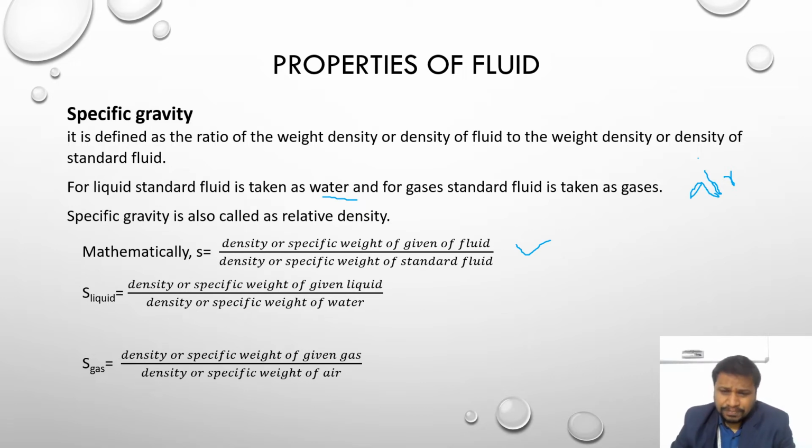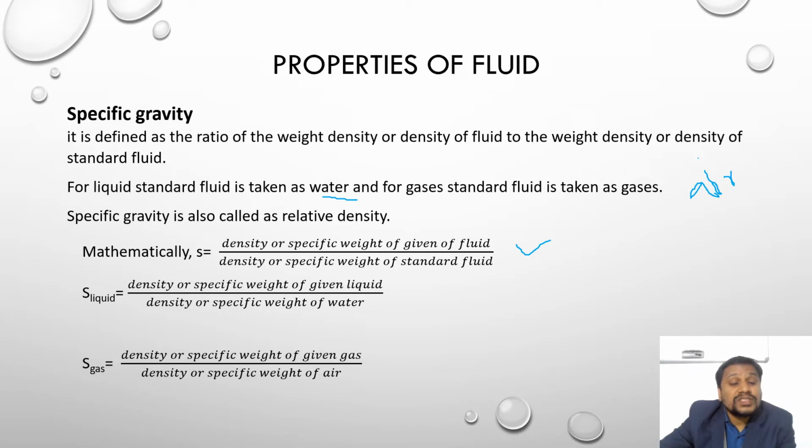From that formula we can say the specific gravity of a liquid is the density or specific weight of the given liquid divided by the density or specific weight of water.